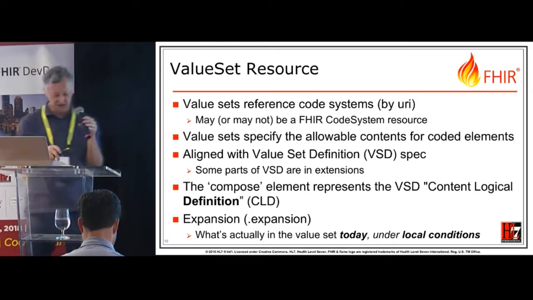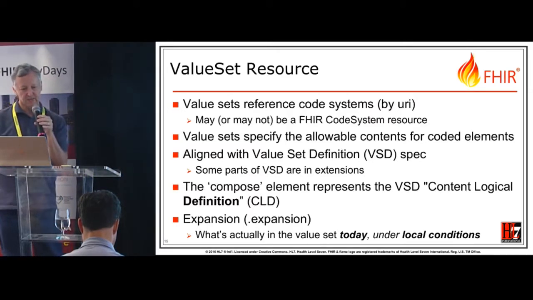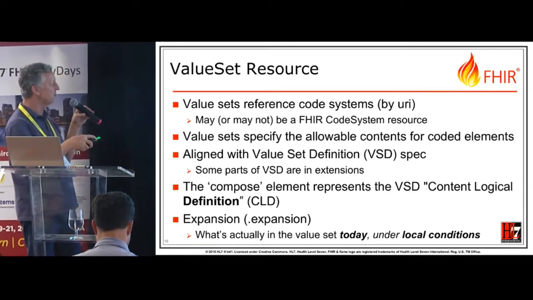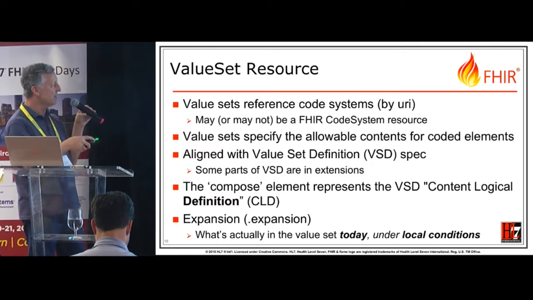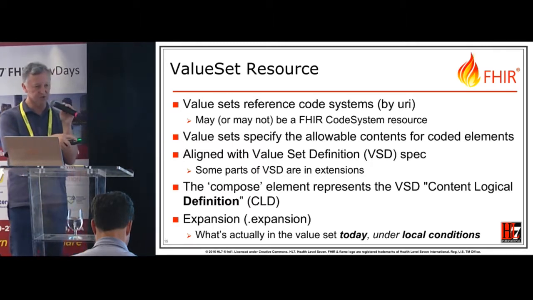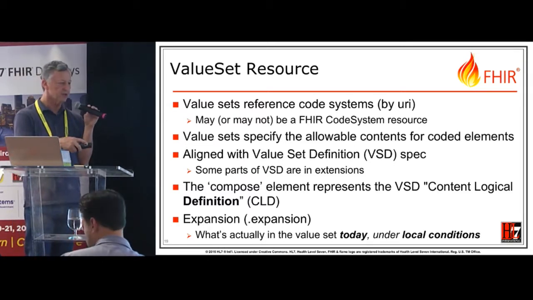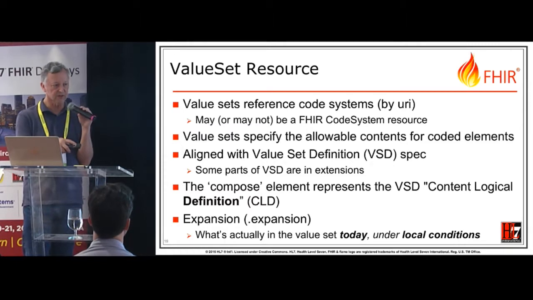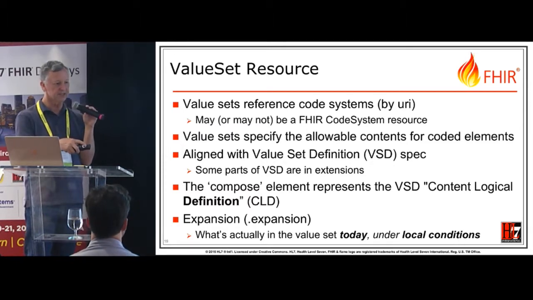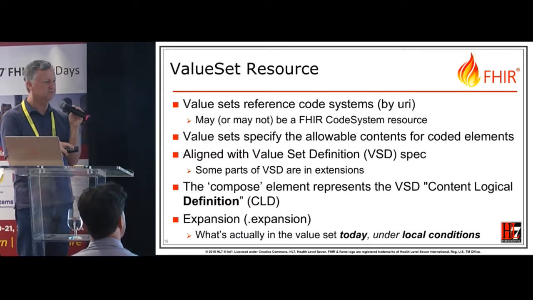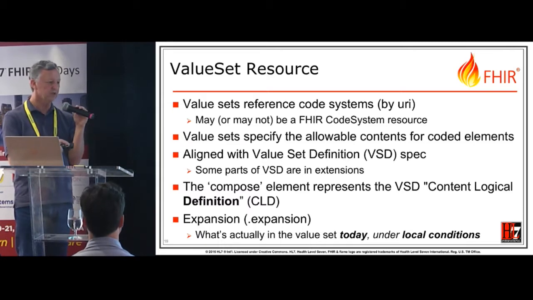So it's a lot of material to cover, but ValueSet resources, again, reference code systems by their URIs, but the code system may or may not always be a FHIR code system resource. Like I said, we started out not even having a code system resource. So it is possible that a FHIR server can reference a code system that doesn't expose the actual code system resource. That's really okay. You have to have a stable URI for it.